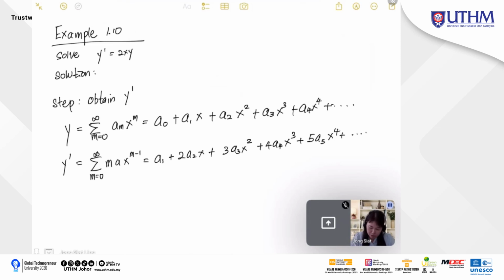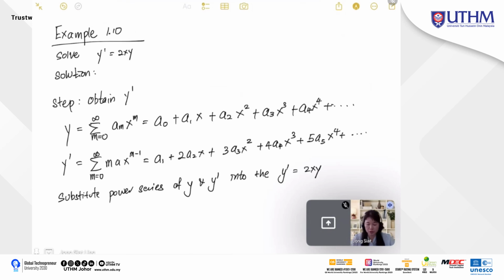Then you substitute the power series of this y and y prime into y prime equal to 2xy. You follow the question.